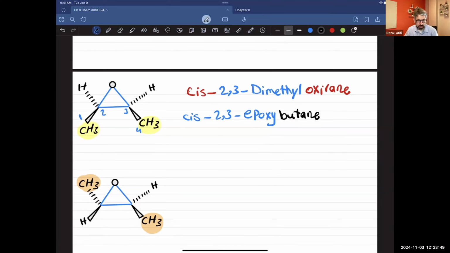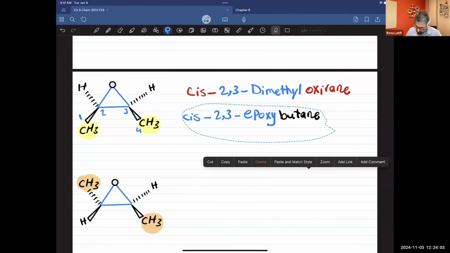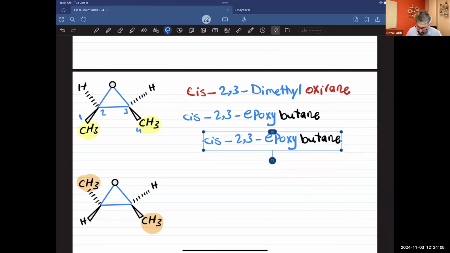That's another way to name it. Or instead of saying cis, you can say this. Let's say you decided to copy paste one of these. It doesn't matter really which one.